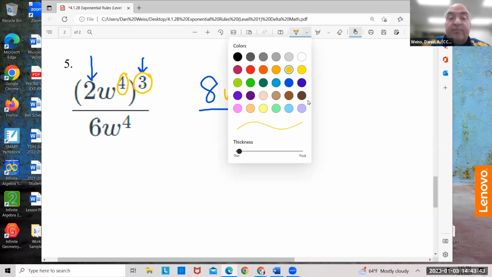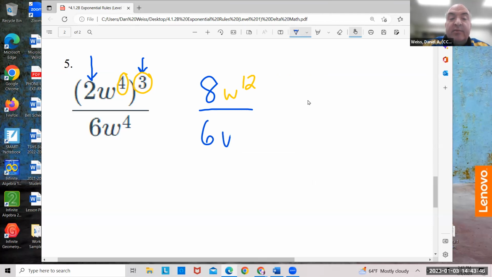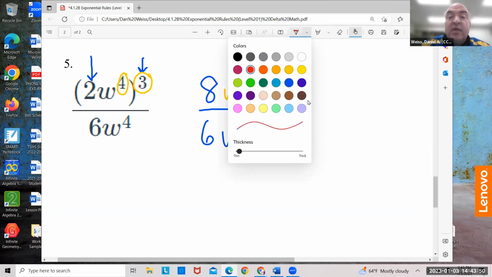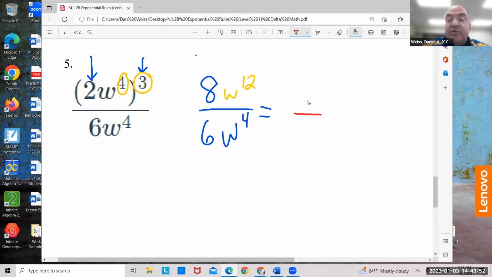And then on the bottom is 6W to the 4th. Now, 8 and 6 are going to reduce. 2 goes into both numbers. 8 divided by 2 is 4. 6 divided by 2 is 3. And then W to the 12th over W to the 4th leaves me with W to the 8th. There we go.